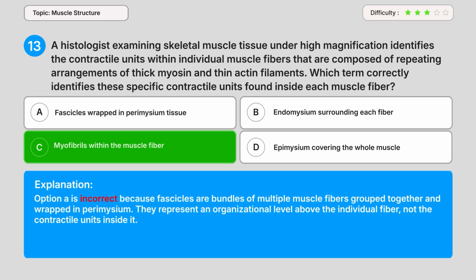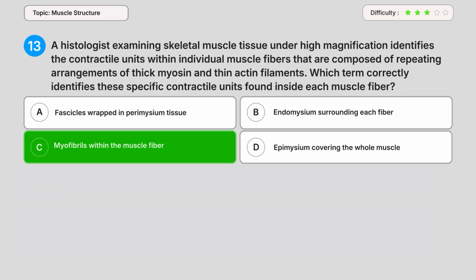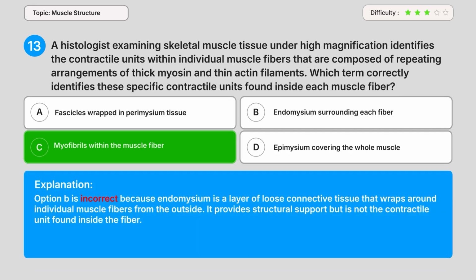Option A is incorrect because fascicles are bundles of multiple muscle fibers grouped together and wrapped in perimysium. They represent an organizational level above the individual fiber, not the contractile units inside it. Option B is incorrect because endomysium is a layer of loose connective tissue that wraps around individual muscle fibers from the outside.